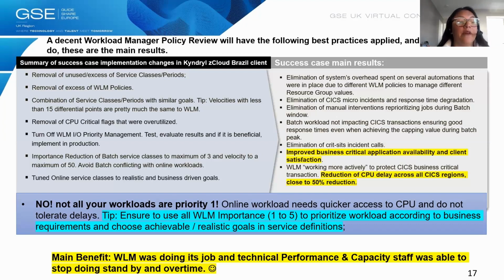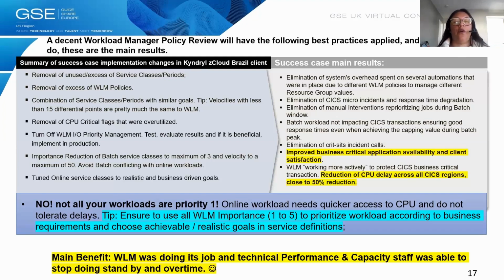The other common error here, for example, is that some environments or some clients like to segregate the service classes and periods a lot. I'll give you an example. This service class will be for CICS debit transactions. This CICS service class will be for credit transactions.